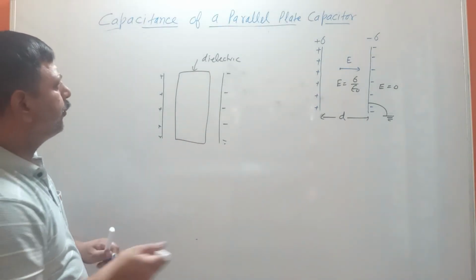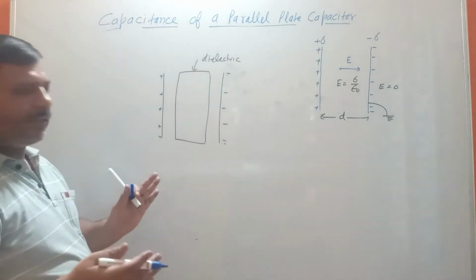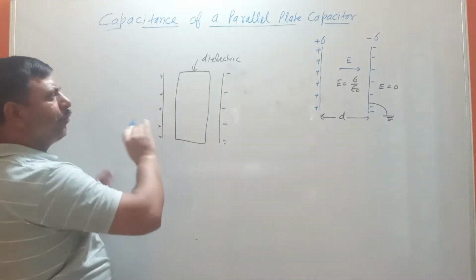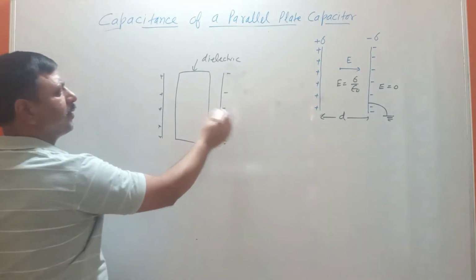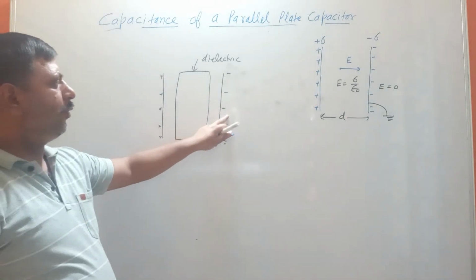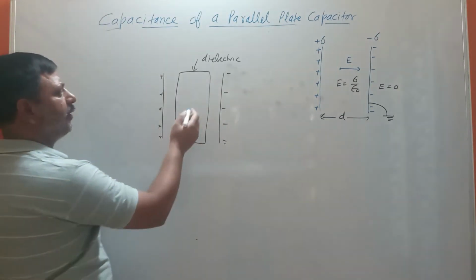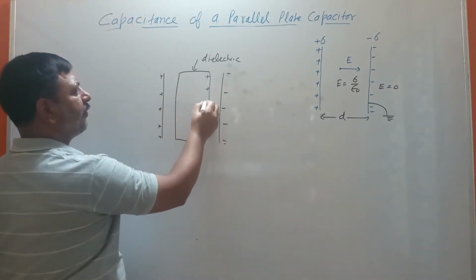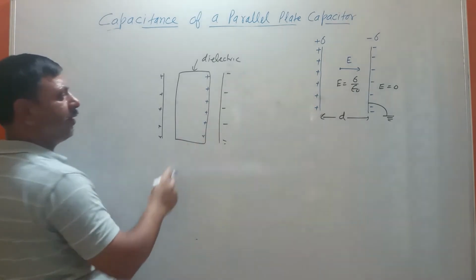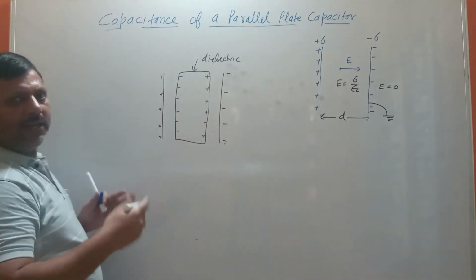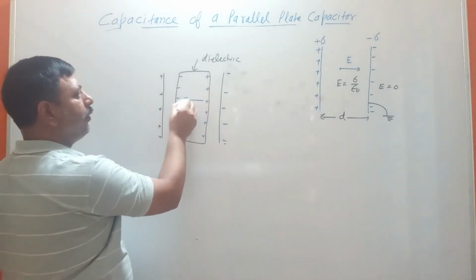I have told you the polar molecules get polarized. Due to induction, they move near the negative charge. Due to induction, this surface becomes positive induced charge, and here it becomes negative charge. One electric field arises due to polarization.